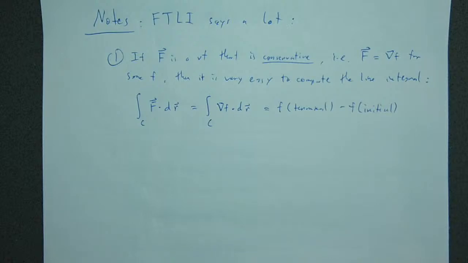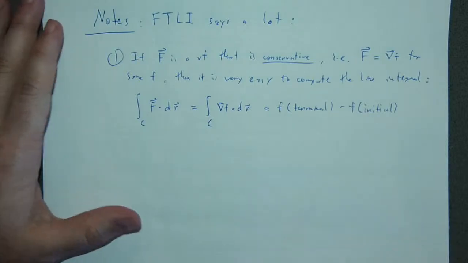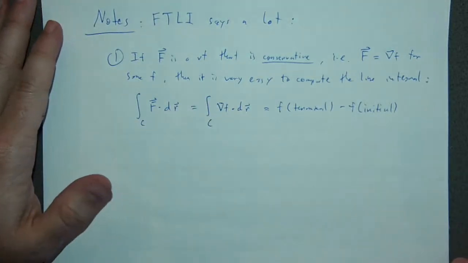Do the line integral the old way, and then do it using the fundamental theorem of line integrals, and check your answer. So this is a nice way of being able to do that. Okay. So what else is said by this?